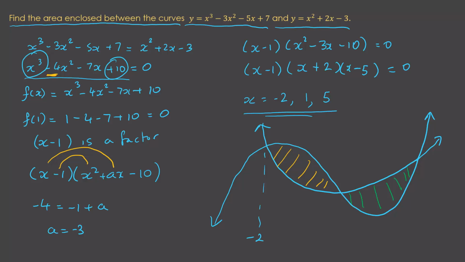This is between negative 2 and 1. And the other one between 1 and 5. Now, along this section, the cubic is the top function. Along the other section, the quadratic is the top function.